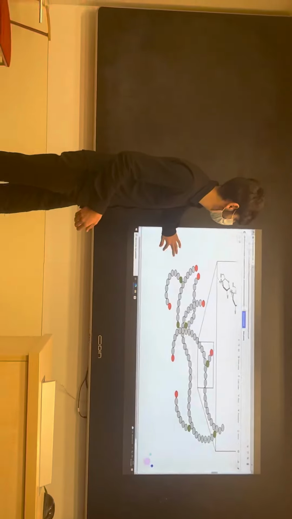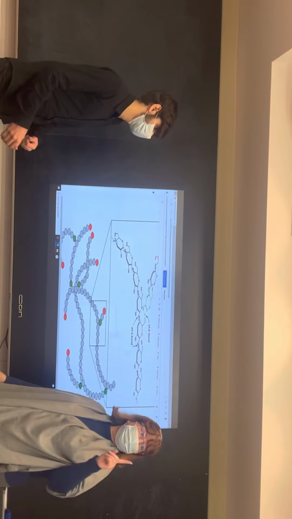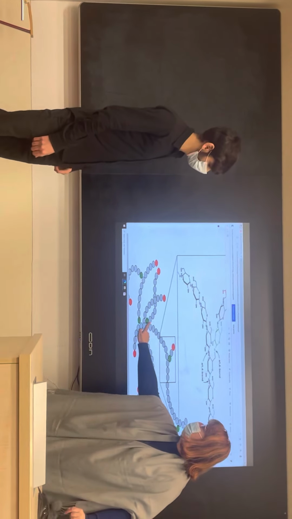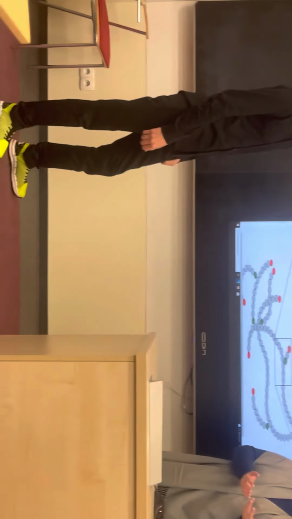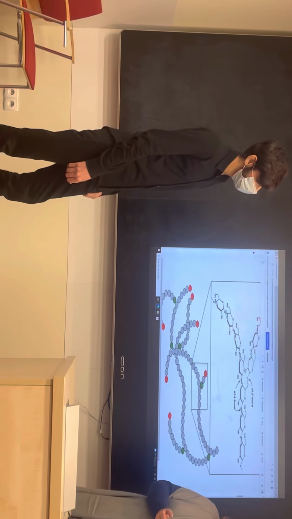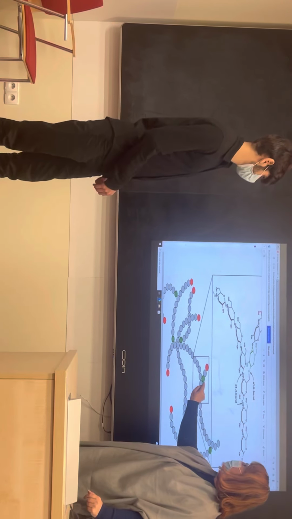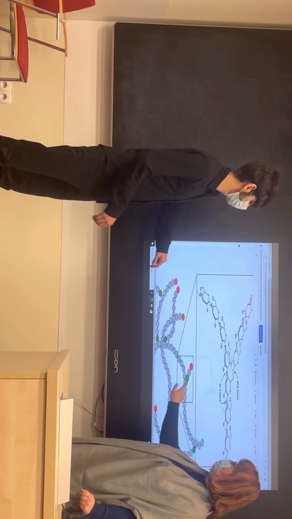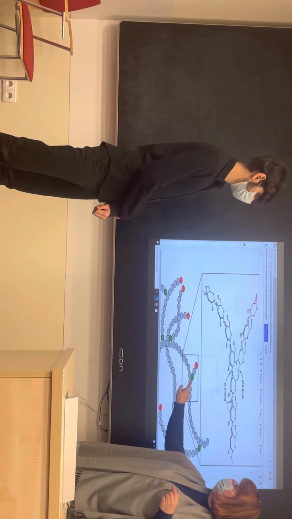Today in the quiz there was a question about the predominant product. Only those glucose residues which are shown as green are released during degradation of glycogen as free glucose, because here we have this alpha 1,6 glycosidic bond, and glycosidase removes free glucose.